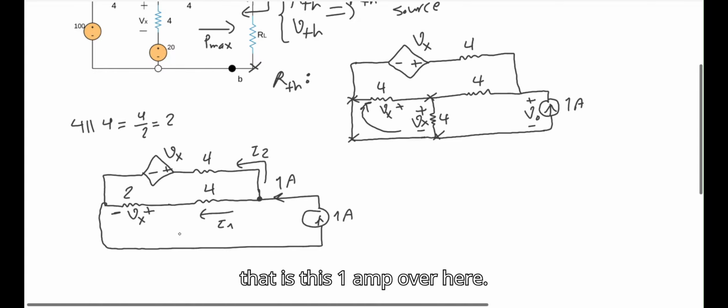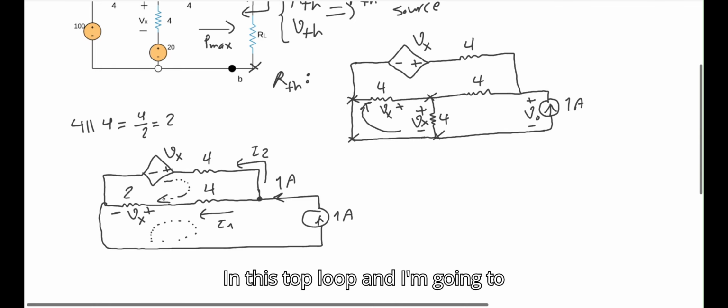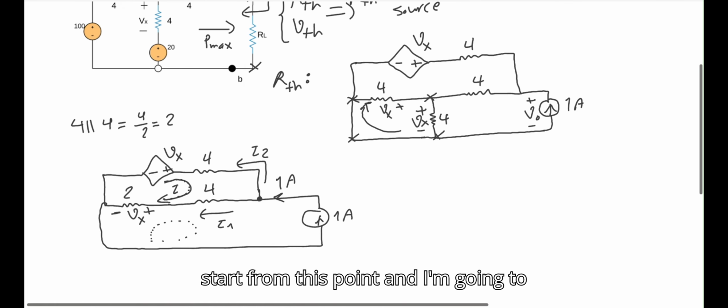So if I want to use the KVL rule, I'd better not try to apply KVL in the bottom loop. But if I apply KVL in this top loop, and I'm going to just consider it as loop I, I start from this point, and I'm going to just pass through all these elements and reach the same point to apply KVL.